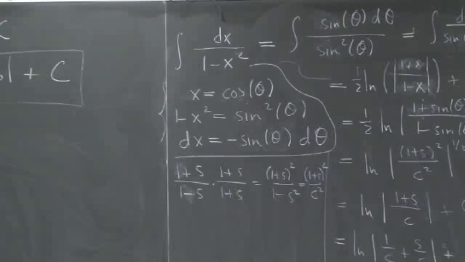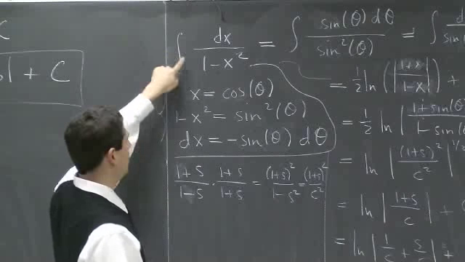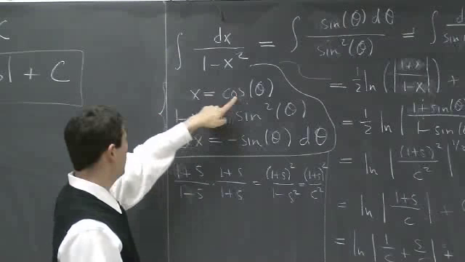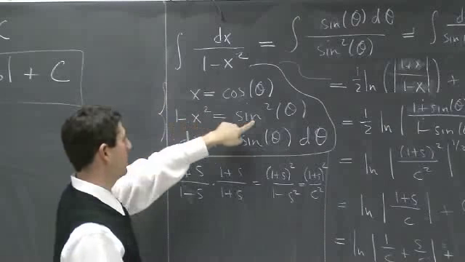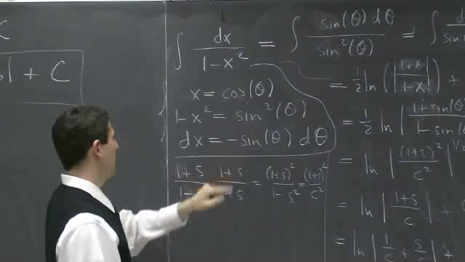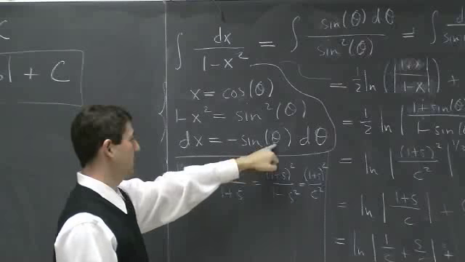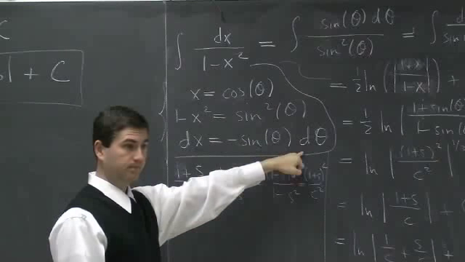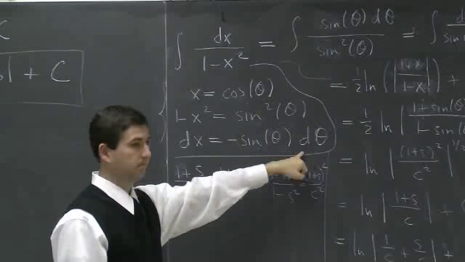But I have to be careful. If I started from here, and I said let x equal cosine of theta, then it's certainly true that 1 minus x squared is sine squared theta. And then dx would be minus sine theta d theta. No problem.